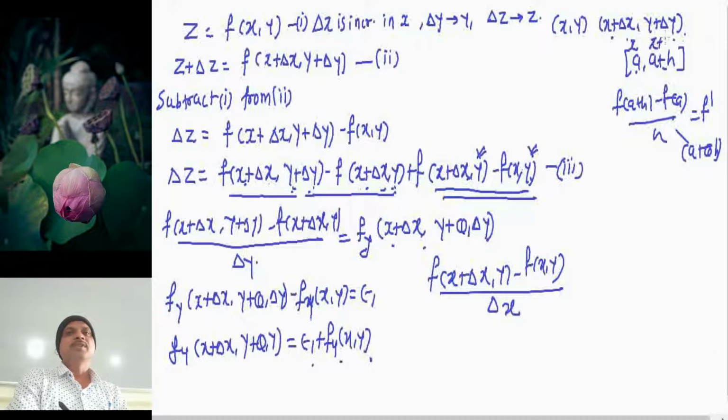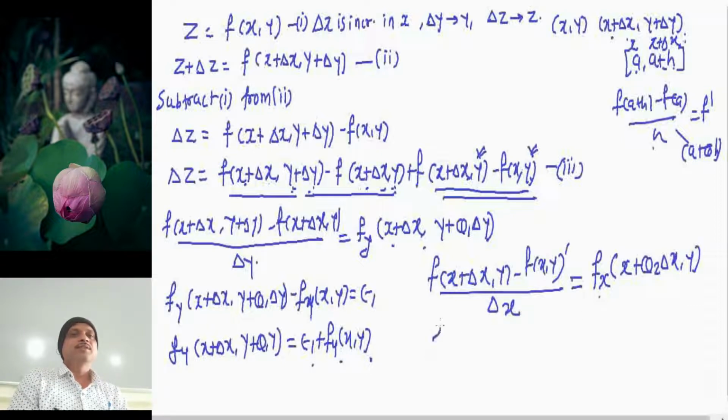Here the interval is x comma x plus delta x, and hence h is delta x. We are applying this to this function, so this is the derivative with respect to x. Therefore fx of x plus theta 2 delta x comma y. Again, this is a differentiation with respect to x of the function f of x comma y.